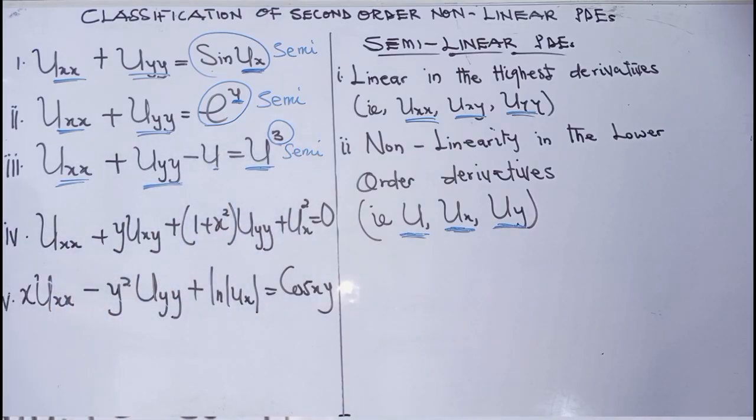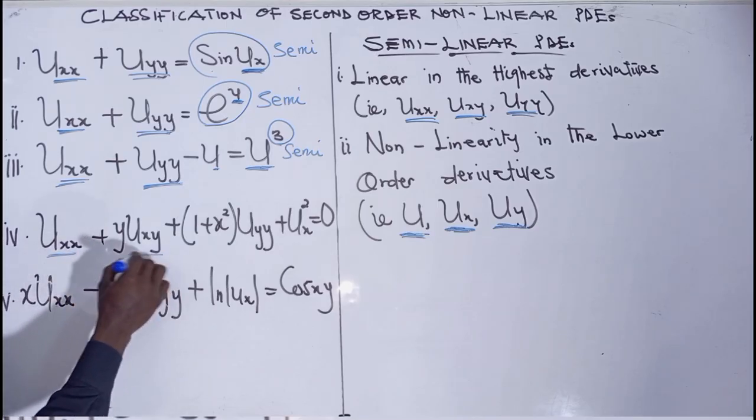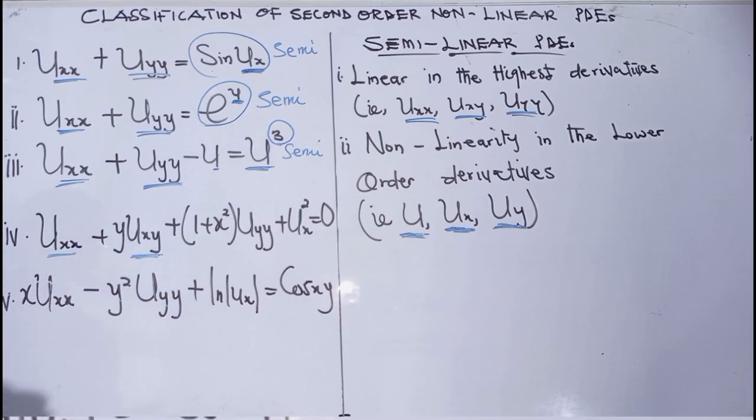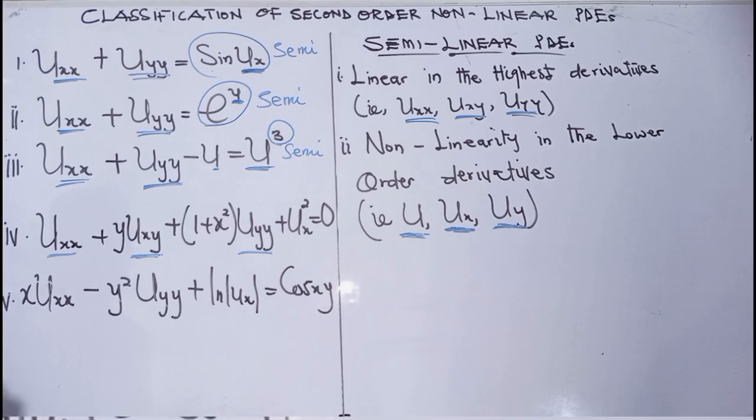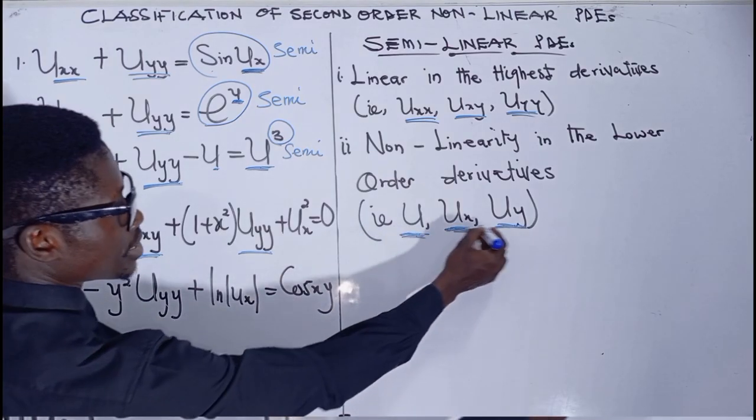Let's look at the next one. First we have to search for our highest derivatives to check to see if they are linear. So this is one of our highest derivatives. It is linear. We also have this. It is also linear. We also have this one as well. It is also linear. The non-linearity is on the lower order derivative. So we have to look for this, either this or that.